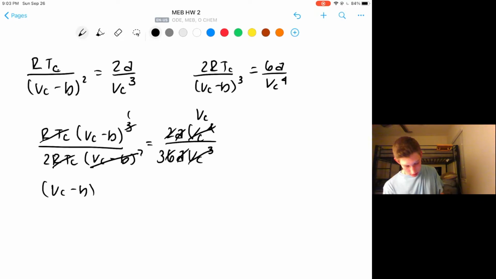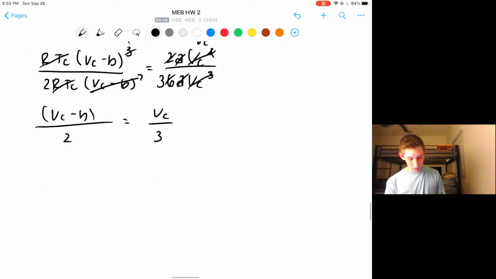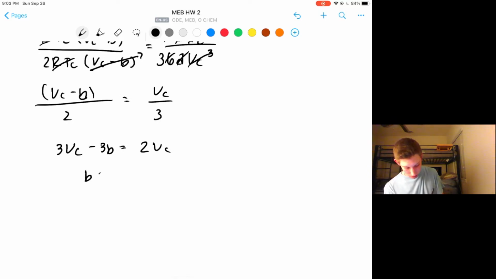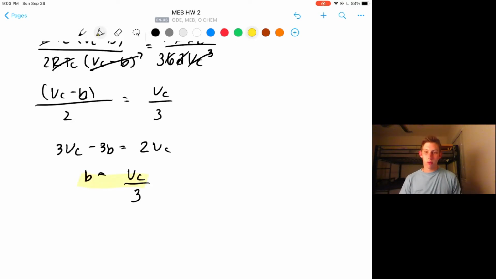So we just have this over 2 equals VC over 3. So if we just cross multiply, we have this. And then if we isolate B, we get B equals V, the critical volume, over 3. So this is our first parameter of the two.